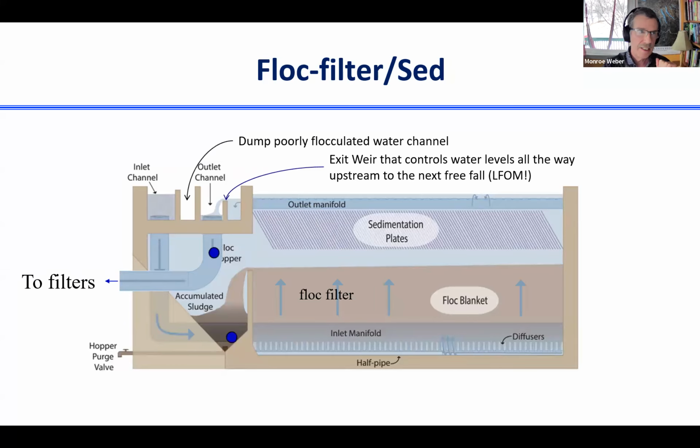It goes through the sedimentation tank or floc filter sed, and then it exits and goes over another weir where there's free fall. And that means that this weir where there's free fall controls the water level all the way back up to the LFOM, to the outlet of the LFOM, or to the very beginning of the flocculator.